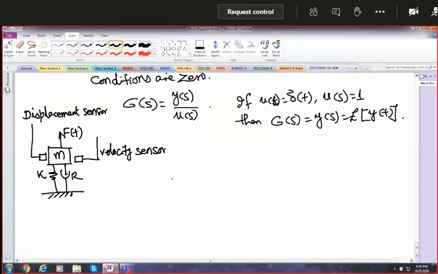So what do we have? We have our equation m x double dot t plus r x dot t plus k x t equal to f t. That is our starting equation. Take Laplace transform of both sides.